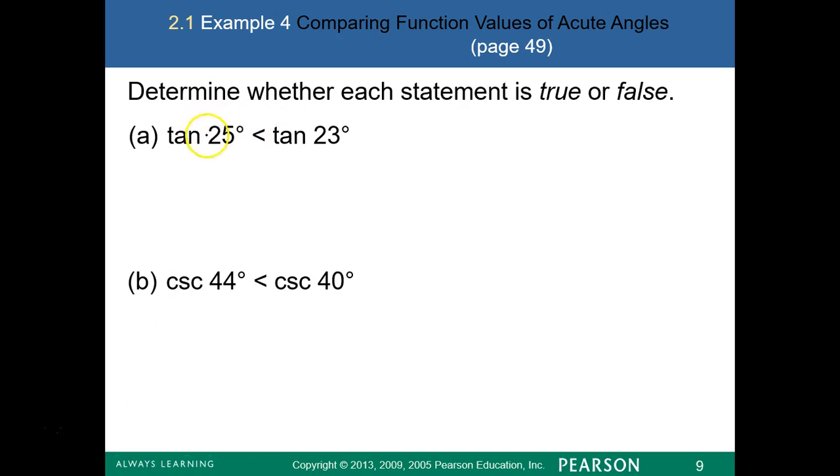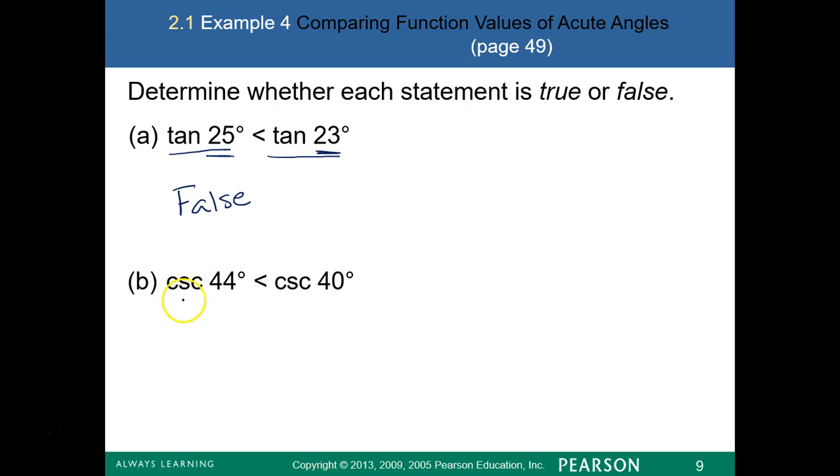So here, that tangent of 25 degrees is less than tangent of 23 degrees. Well, that's just not true because this value right here is bigger than this one. And as our angle increases, our tangent of our angle increases also. So this is false.